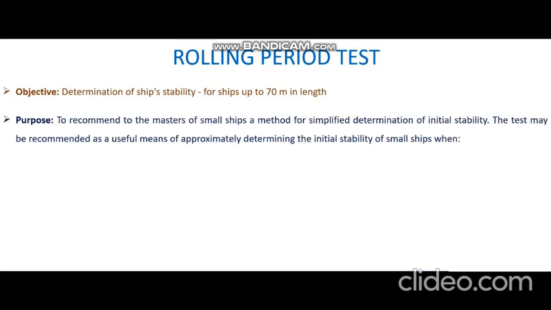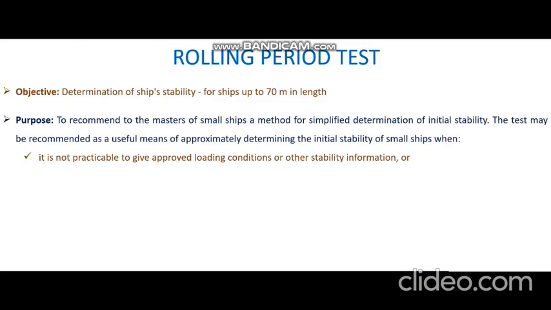What is the purpose? It is to recommend to the masters of small ships, probably because of lack of competence to calculate. If the masters or skippers lack the competence to calculate, then such experiments can become an easy way for them to assess the stability of the ship. The test may be recommended as a useful means of approximately determining the initial stability of small ships when it is not practicable to give approved loading conditions or other stability information.